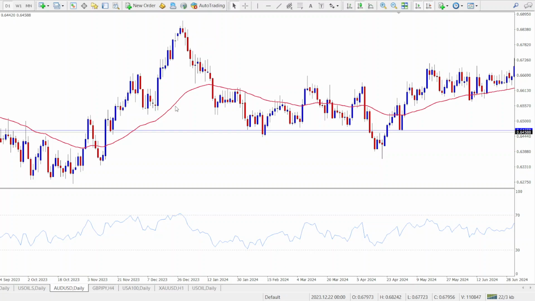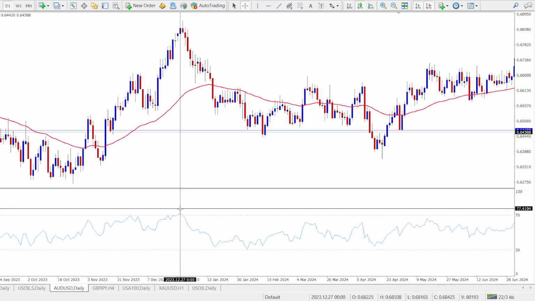Instead, the moving average can help you stay on the right side of the trend. In this situation, as the moving average was still beneath the candlesticks, it was not yet the best time to sell, in as much as the RSI had already entered overbought territory.